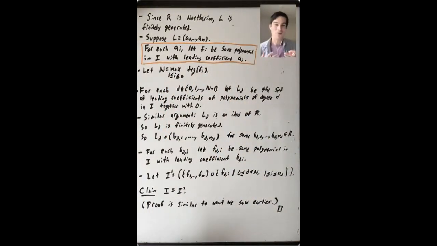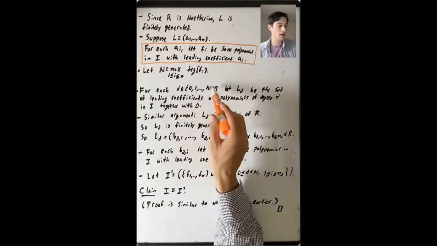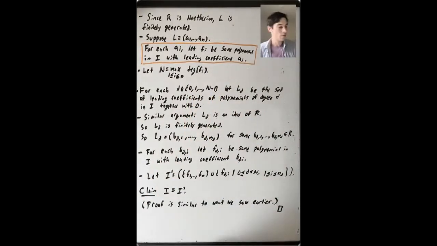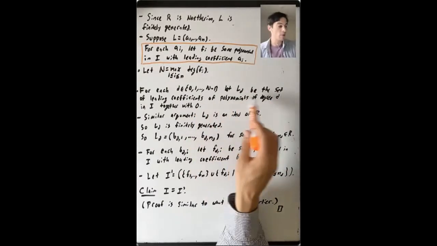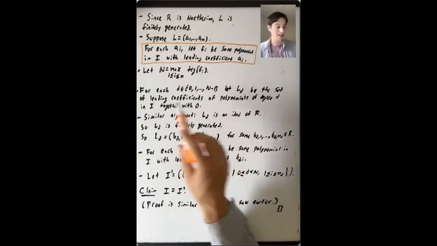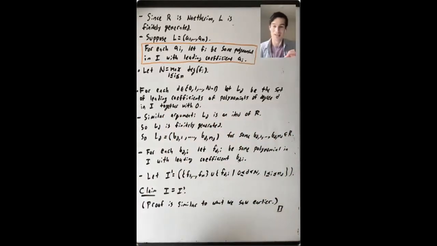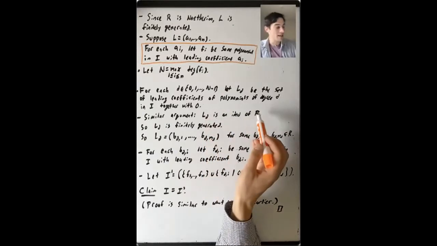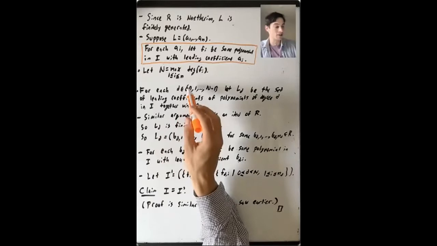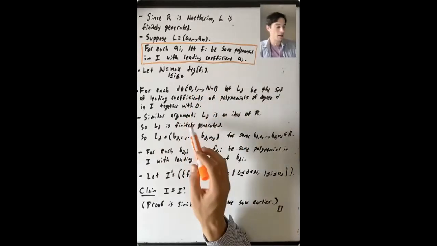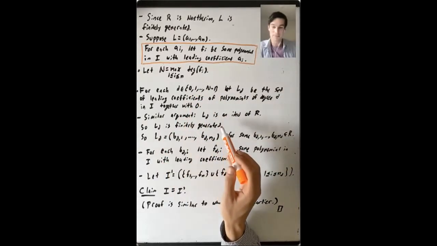And now, for each degree d between 0 and N minus 1, we're going to take Ld to be the set of leading coefficients of polynomials of degree d in I together with 0. And the same argument that we used to show that L is an ideal of R is going to show that Ld is an ideal of R. So every one of these Ld's, L0, L1 up to L(N minus 1), these are all finitely generated.